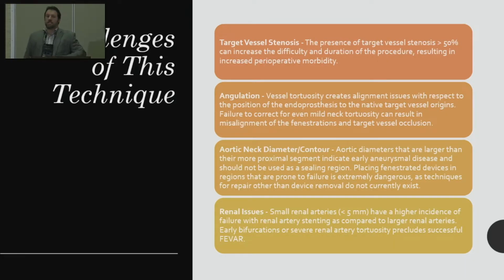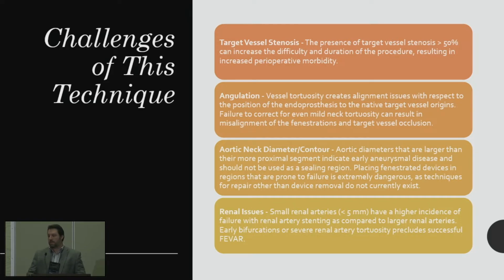There are some challenges to this technique. It's not perfect. One of them is target vessel stenosis. So if the vessel, say SMA, has a greater than 50% stenosis, that can mean that the patient is on the table longer, which just can increase the operative morbidity. There's angulation. So if the aorta is tortuous, bent, or twisted, it can make it more difficult to get all of these holes and stents lined up just right.